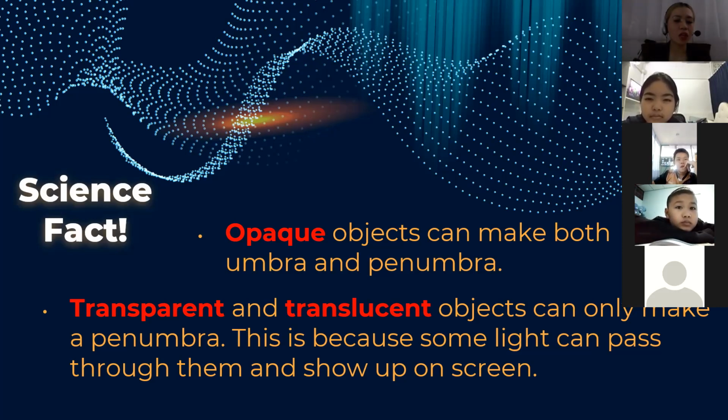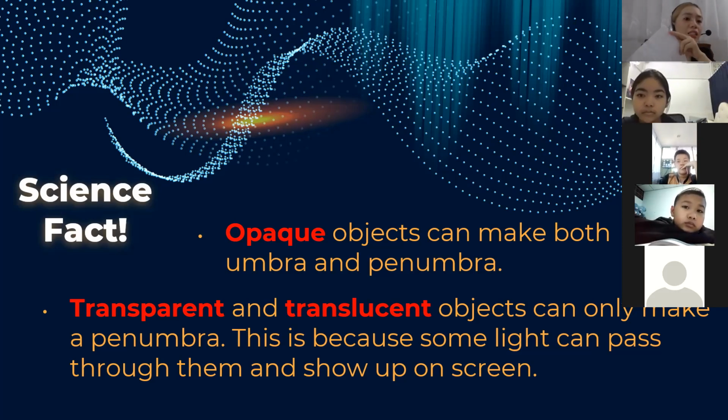Another example of transparent is water. Another example is air. Now, what about translucent? Class, this tissue is an example of translucent. When we say translucent, it allows only some light to pass through.